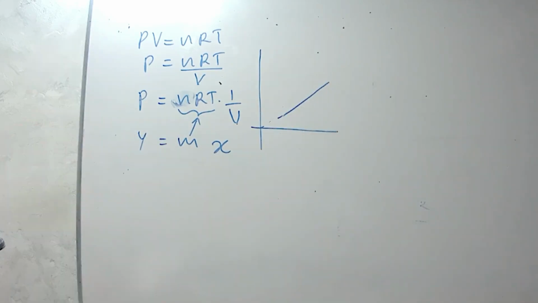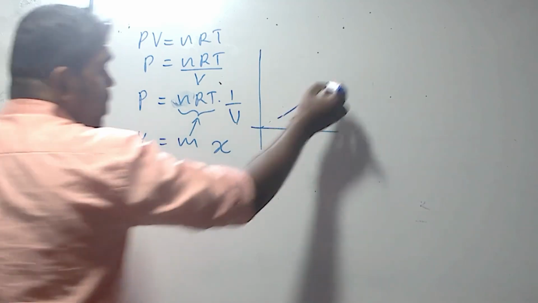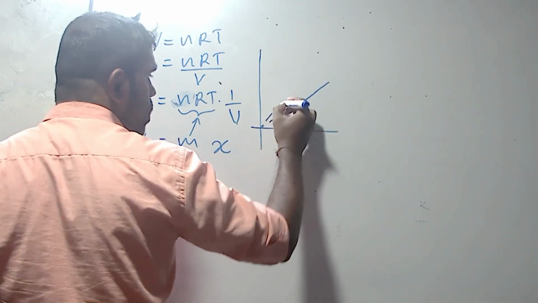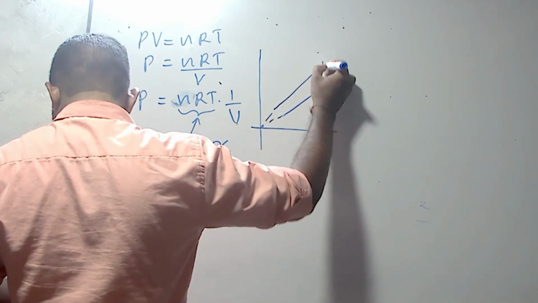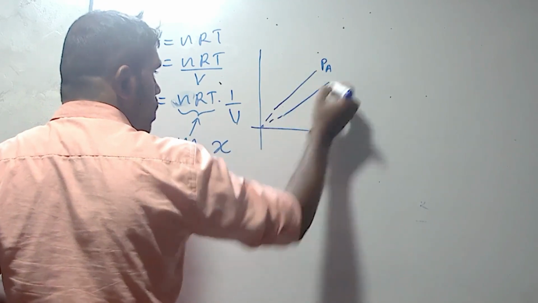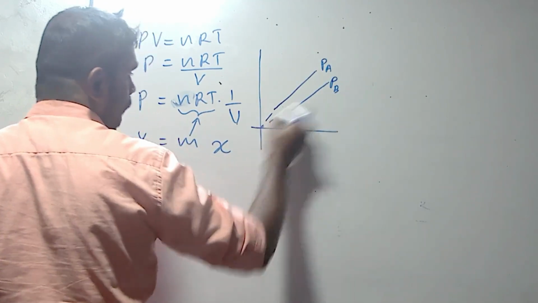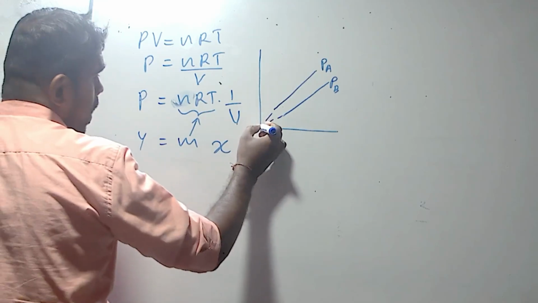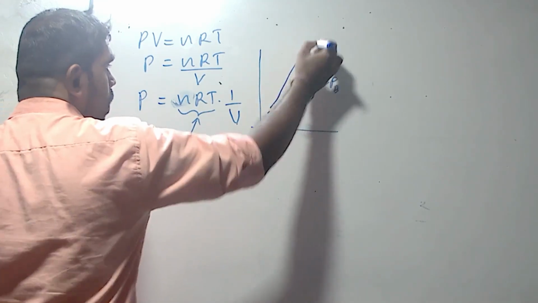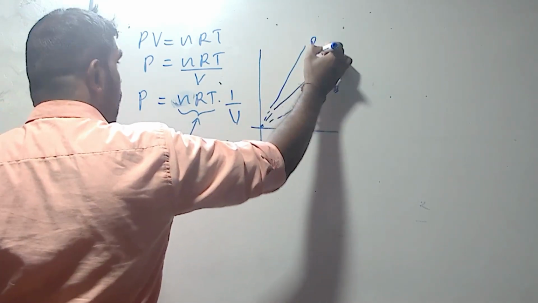Number of molecules of A is greater than B. Therefore, the PA curve, the PB curve should be like this, and total pressure is greater than both values. Therefore, total pressure PM should be like this.